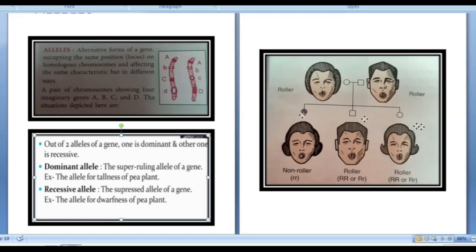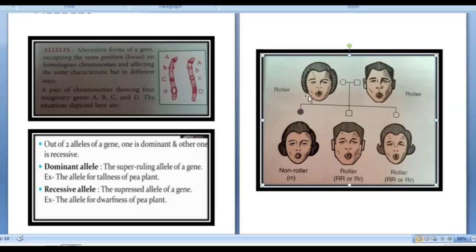But if they are not capable of rolling their tongue, it is depicted by a dark figure. If you look at the progeny, you will see that one of the daughters is shown as a dark circle. That means she is not capable of rolling her tongue. Both the parents, father as well as mother, could roll their tongue. Two children, one daughter and one son, are capable of rolling their tongue. But there is one daughter who cannot roll her tongue. Why? Because she has received the recessive gene from both the parents.